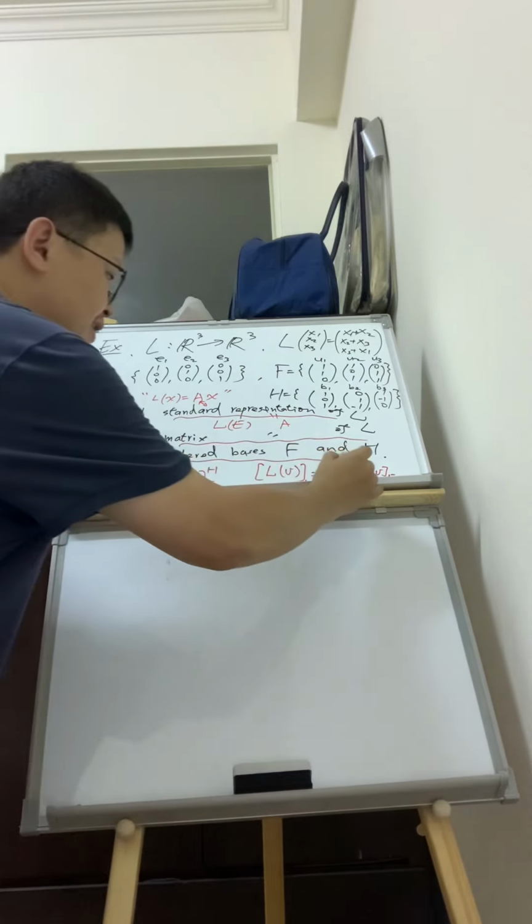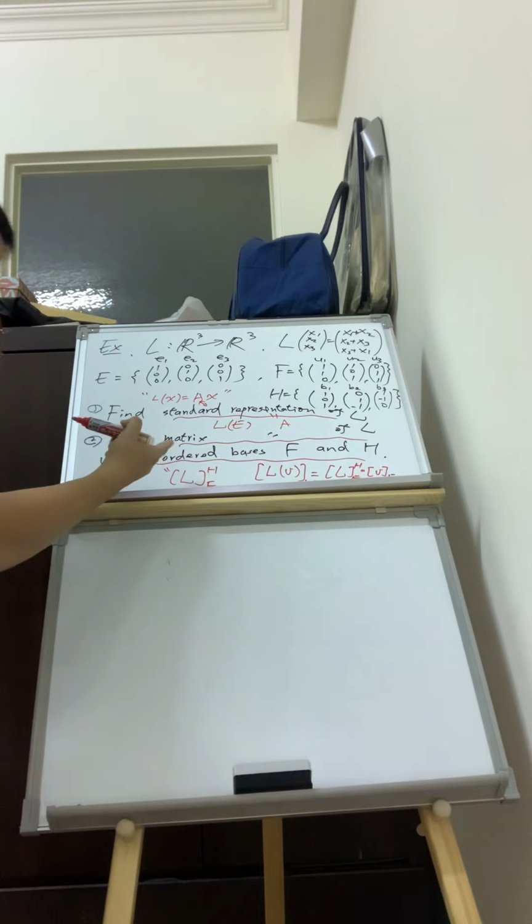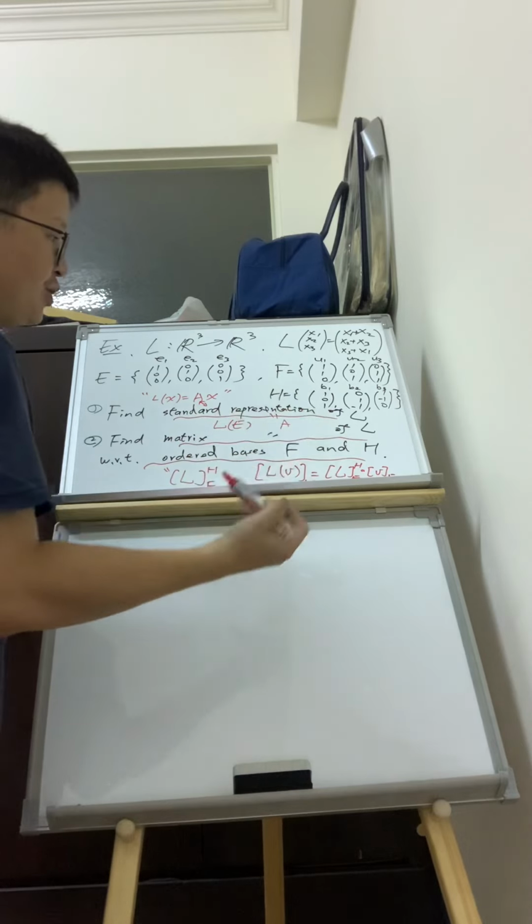And this matrix we call the matrix representation of L with respect to ordered bases F and H.